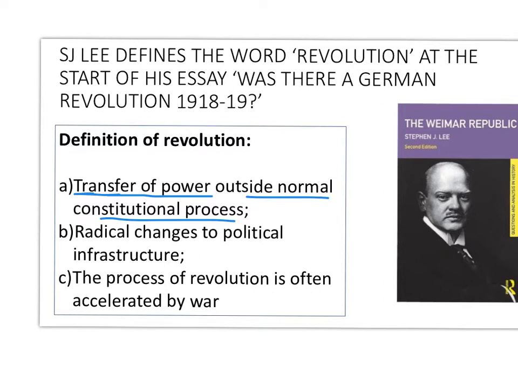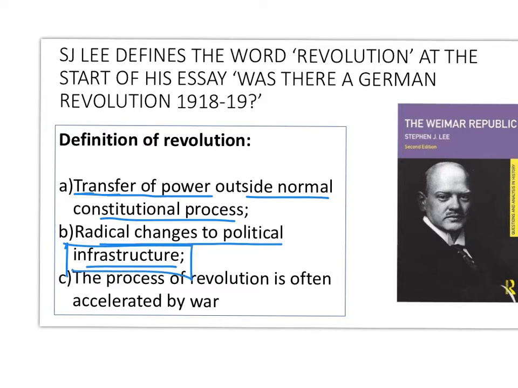So that's what Stephen J. Lee is saying: there's a transfer of power, but it is happening outside the constitutional process. Secondly, the changes that happen as a result of that transfer of power change not just the government, but the infrastructure.